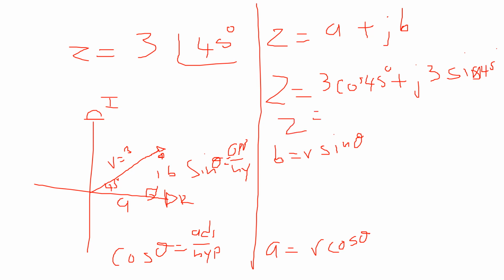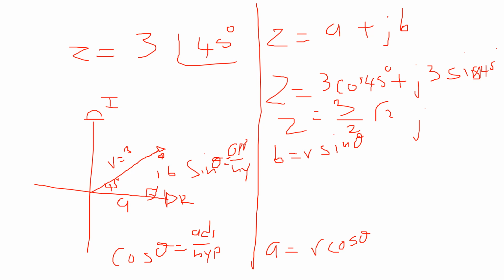When you put 3 cos 45 into your calculator, the answer will be 3 over 2 square root 2. And I think it will be the same for the j part with sine of 45.